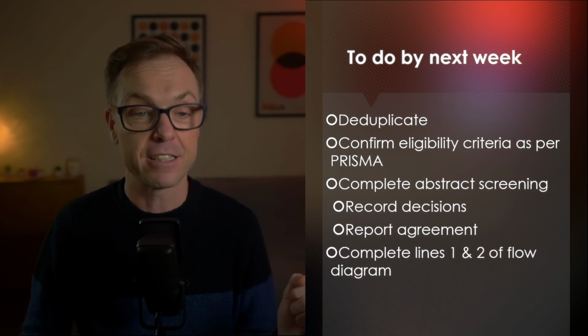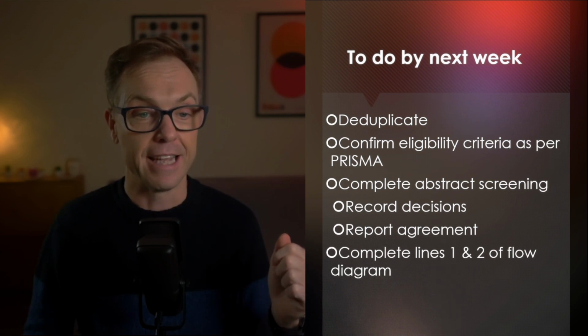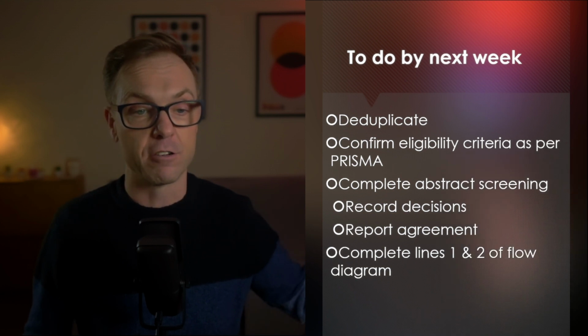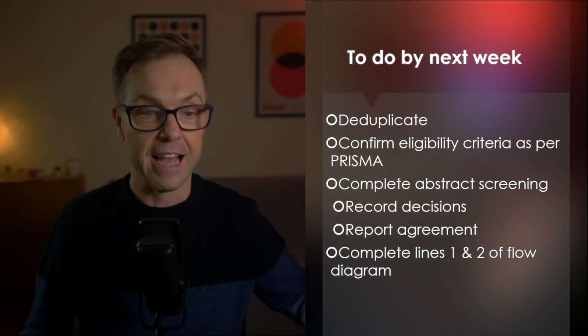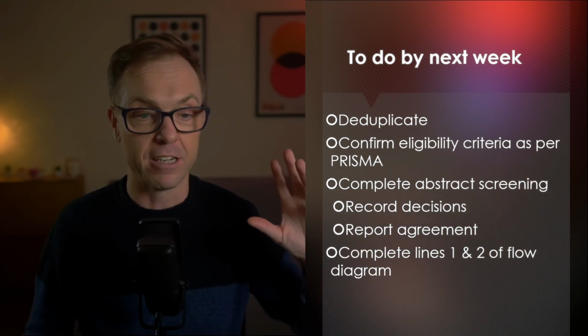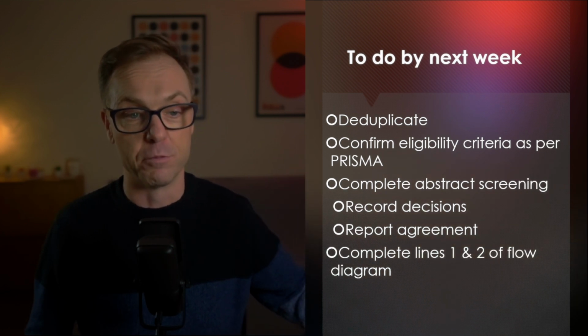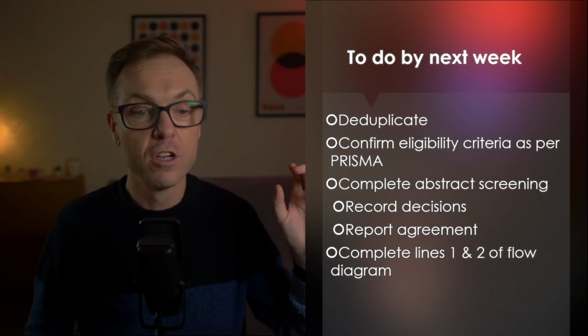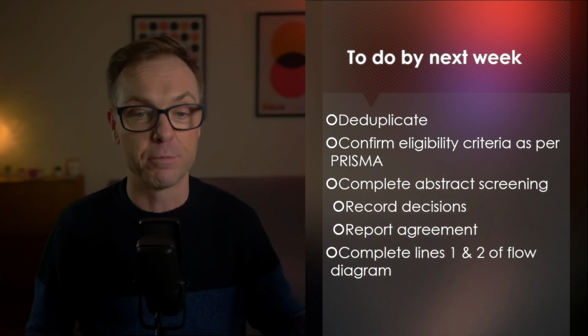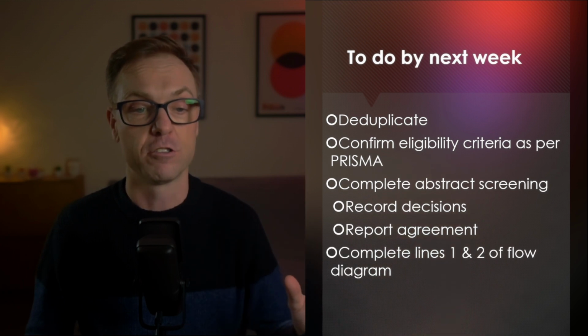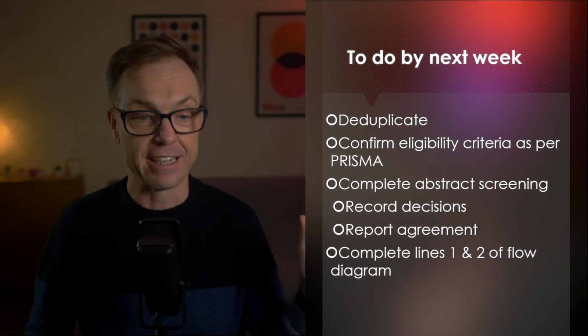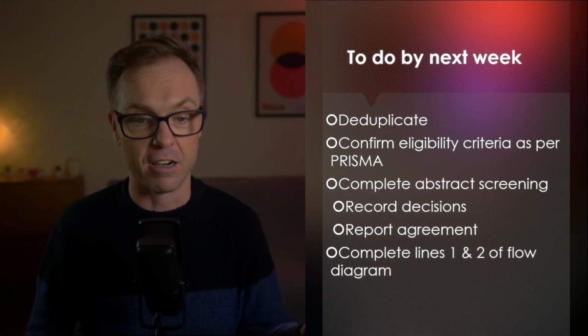So by next week, what you need to do is take all those records that you've already downloaded, and put them all into an Endnote library and get them in Dedupatron and deduplicate them. You need to confirm your eligibility criteria with your supervisor and your TA and get that down as per the PRISMA guidelines.